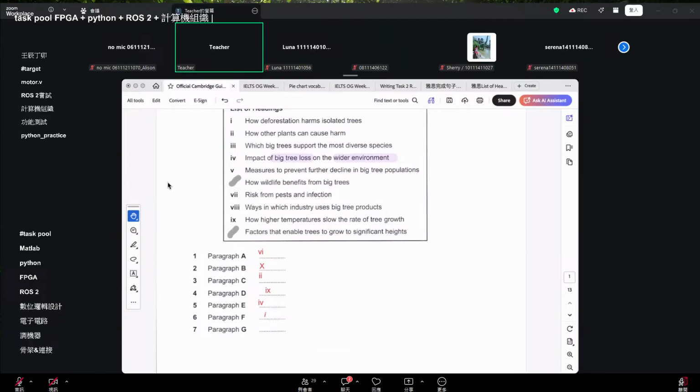Because it was referred to the idea of deforestation harming isolated trees. Okay, and if we were to mention those isolated trees more, if we were to talk about those monocultures of fast-growing conifers.